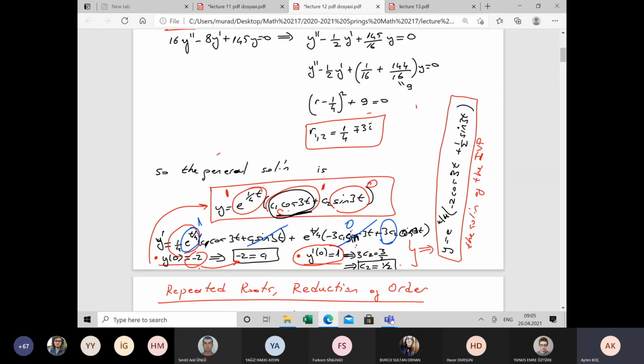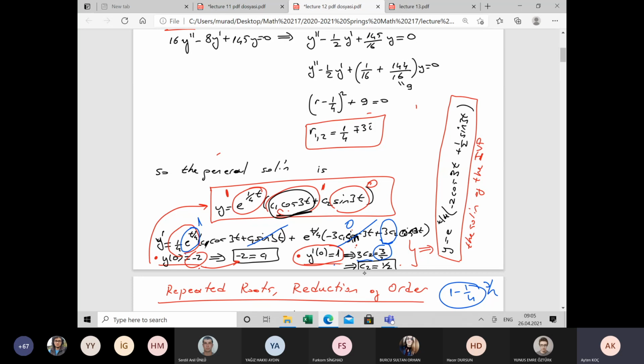So, this one gives 1/4 is equal to 1. So we obtain here 3/2. 3 C2 is 3/2. We obtain C2 is 1/2. Yes, these steps are true.